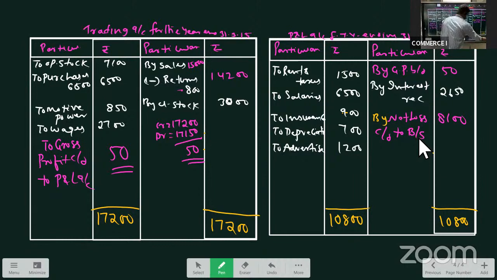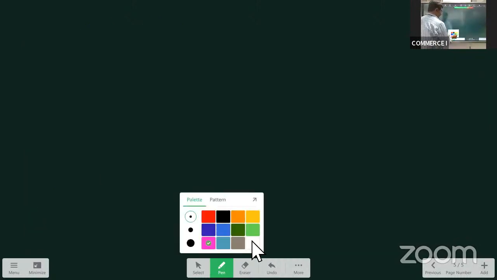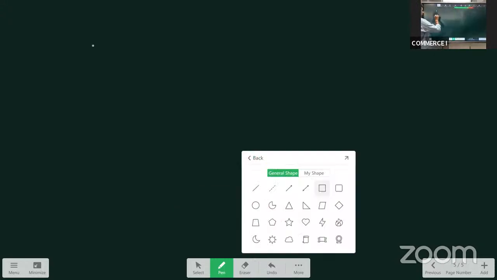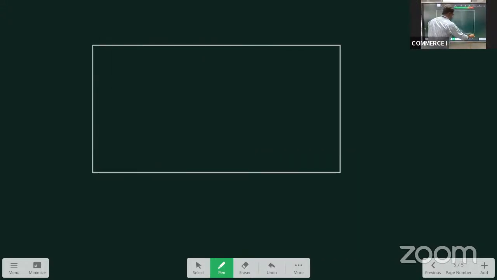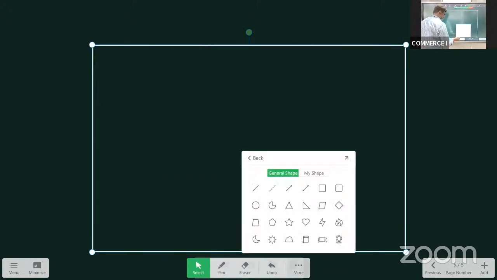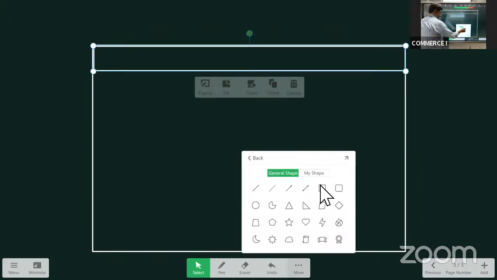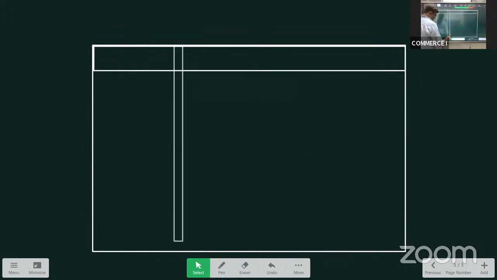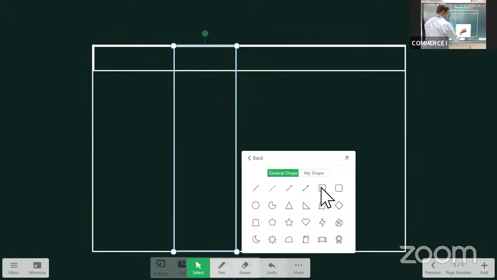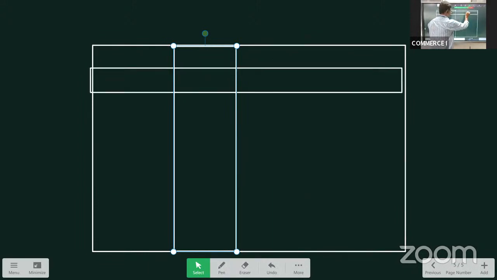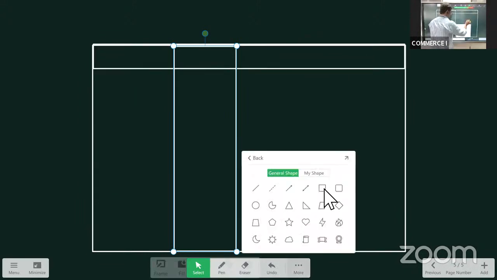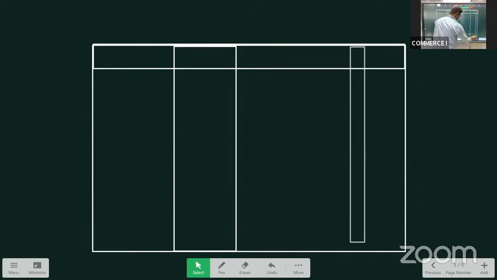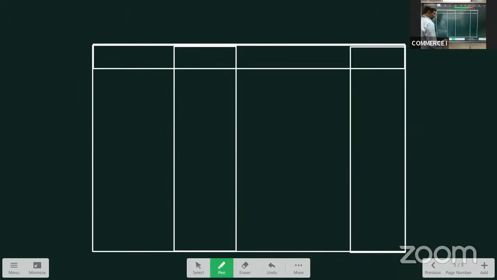So next step is what? Capital account. Balance sheet. We have to prepare balance sheet. Okay.